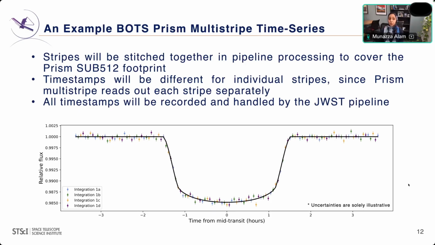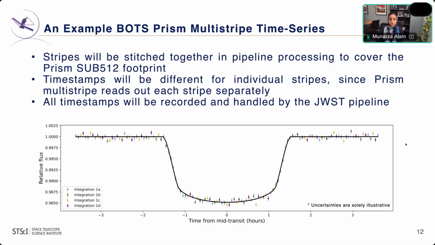The stripes will be stitched together in the pipeline processing in the detector 1 stage to cover the sub 512 footprint. And what this means in terms of the timestamps is that the timestamps for each of the individual stripes are going to be different, since multi-stripe reads out each stripe separately.